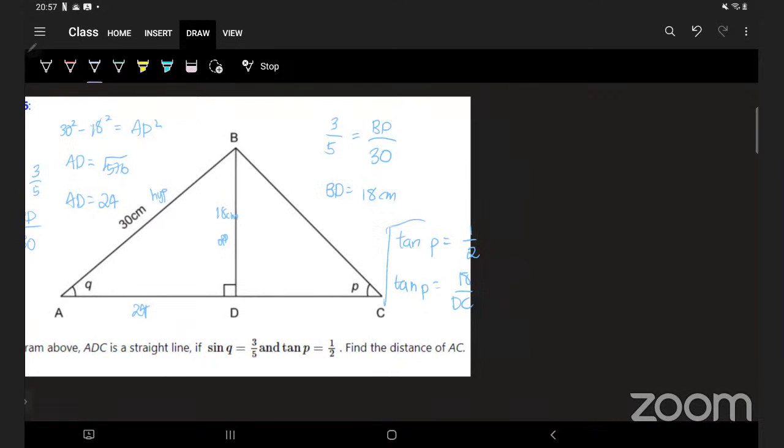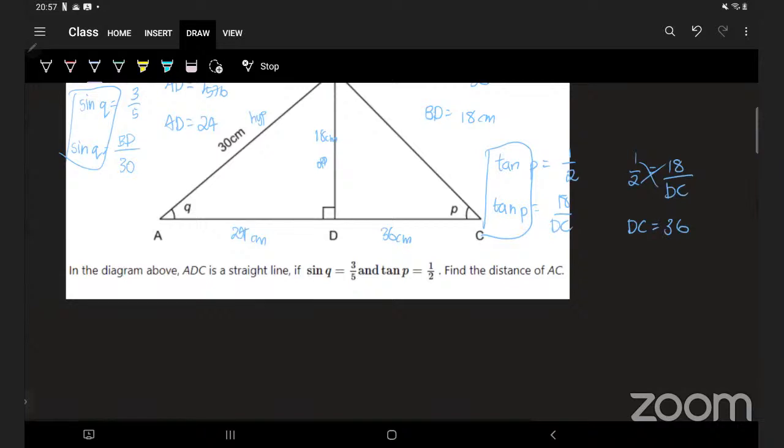So now, as always, we can sub both of these into each other. 1 over 2 is equal to 18 over DC. And just from that, we can see that DC is equal to 36. Just cross multiply right over there. So we know that this is 36 cm and this is 24 cm.